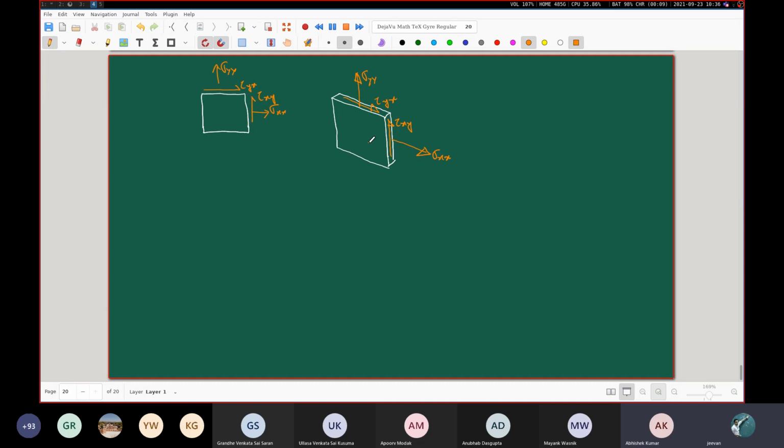But then, if you consider this entire three-dimensional problem, it may so happen that, in general, the absolute maximum value of the shear stress for a particular problem will not be equal to the maximum in-plane shear in general.